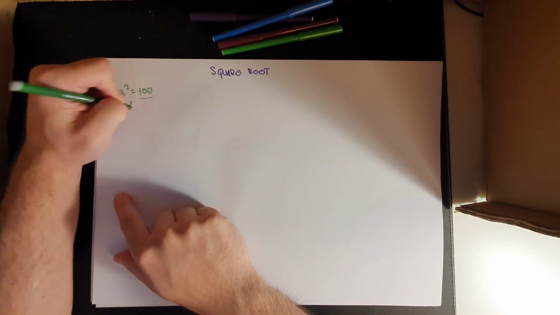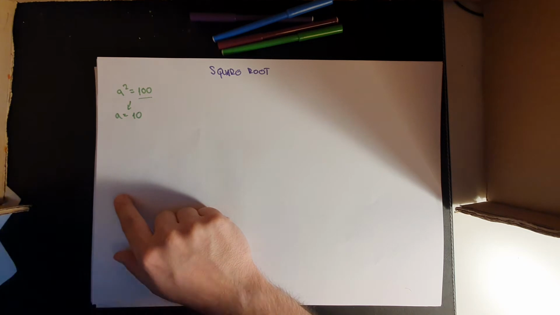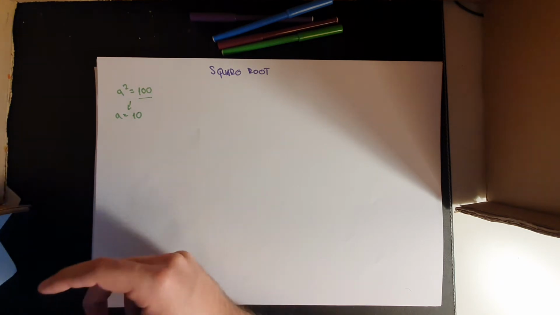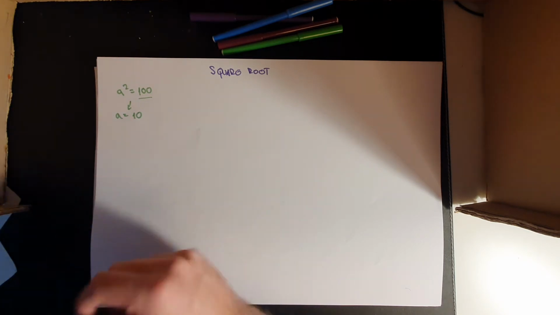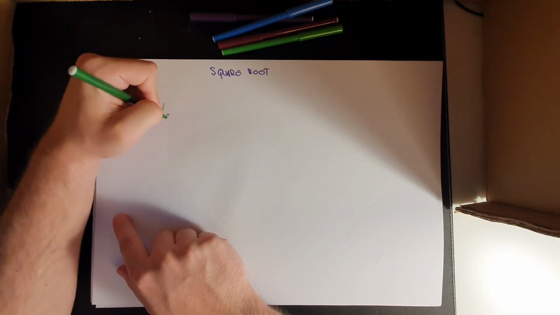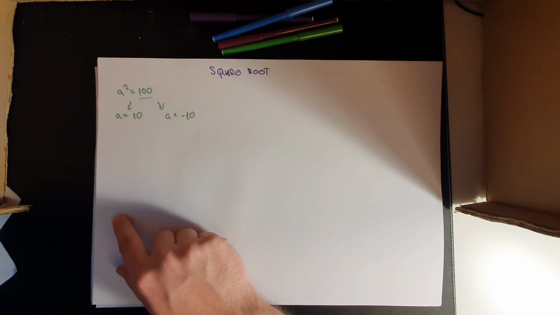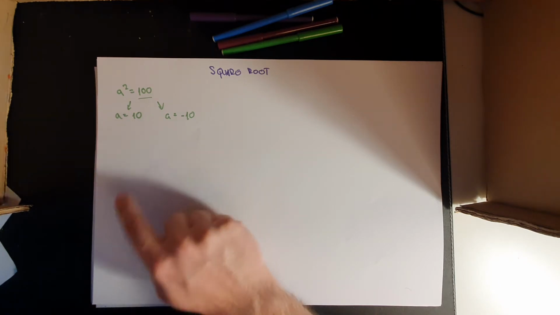It's either going to be 10 for a, because a times a, or 10 times 10 gives us 100. But there is another possibility, and this is if we look at minus 10. Minus 10 times minus 10 is going to give us also 100. So we have two possibilities.